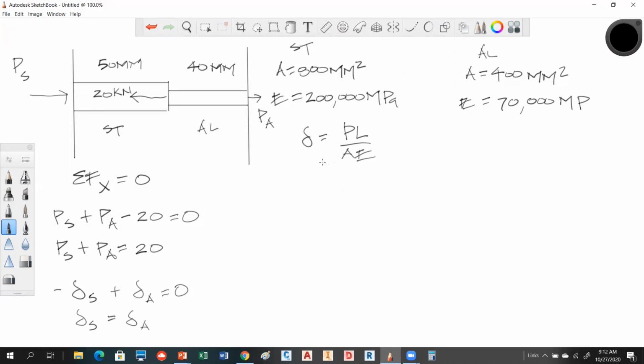Where did I derive this from? Going back to the modulus of elasticity, which is stress over strain. So taking this, you can rewrite it in this form. Okay? Is everybody okay with that? That's important.